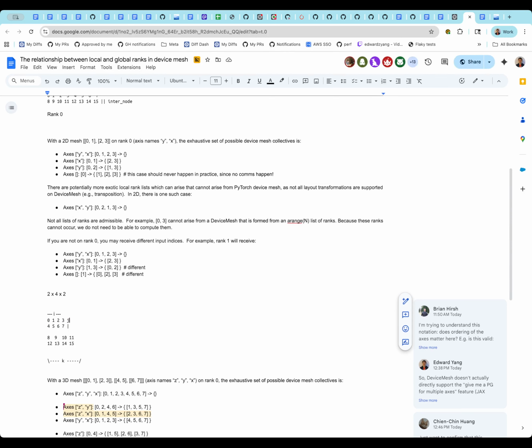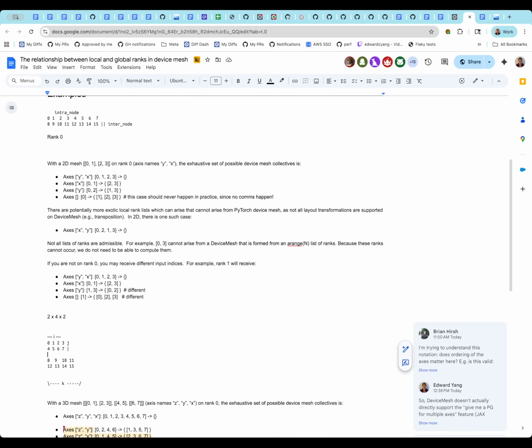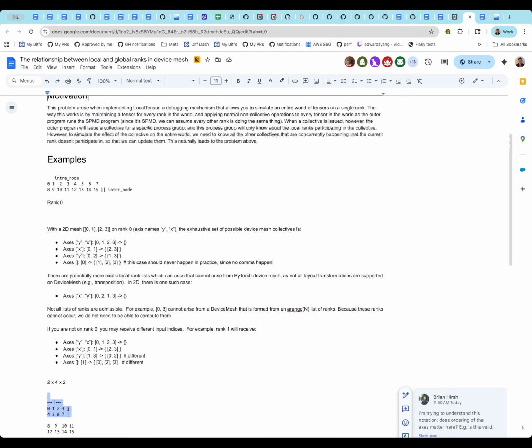Most of our APIs don't let you specify these two axes together, although JAX lets you do that. But we do have a PR from Junjie, which I think merged, which lets you flatten. So when you flatten I and J together, you would end up with this device mesh. And you can see that clearly the flattened dimension covering I and J is the entirety of the intranode.